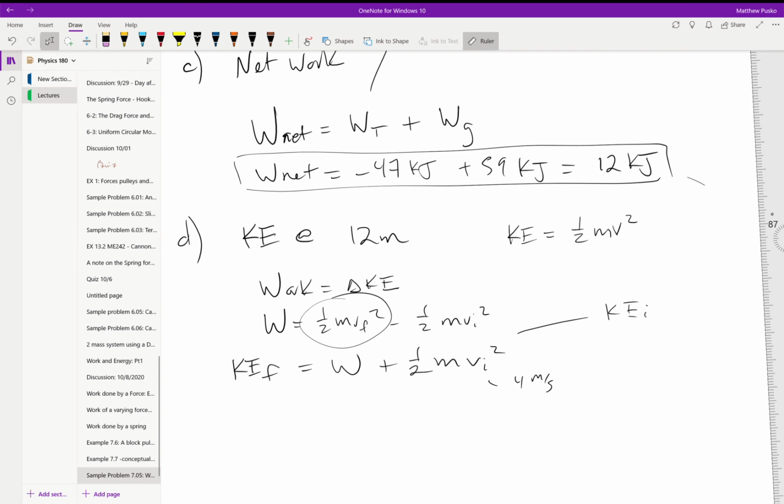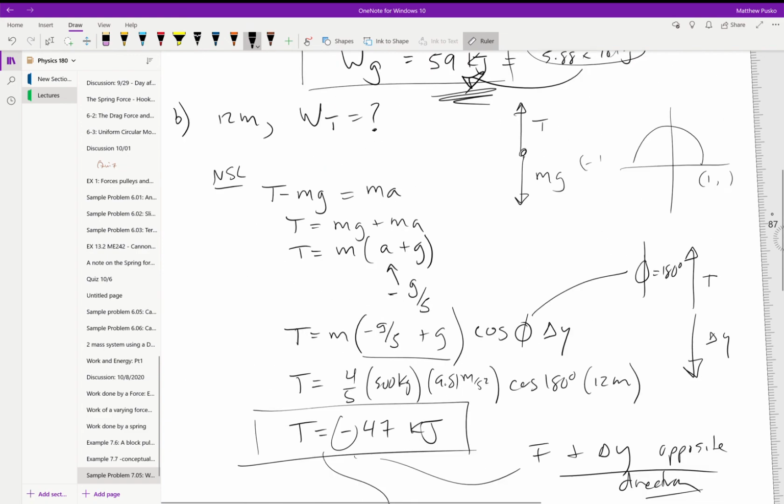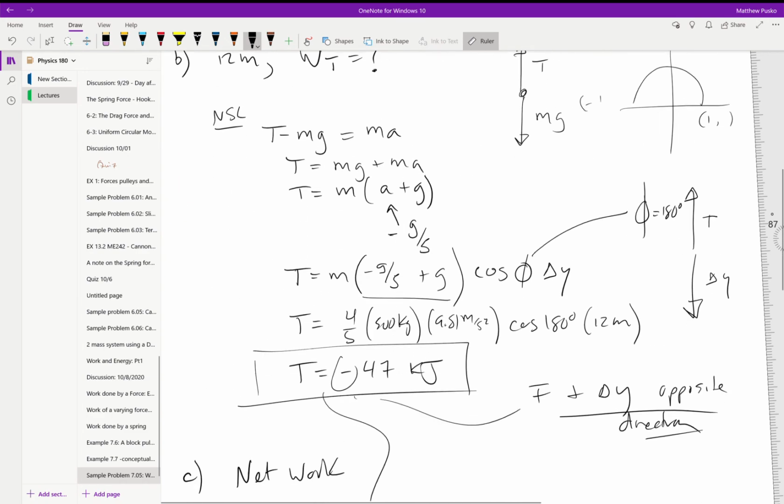Well, we have the work, we have the mass, and we have the velocity. So we can figure out what the kinetic energy is in its final state. It's going to be that 12 kilojoules. And then we have our kinetic energy term, 1/2 times the mass, which was 500 kilograms.